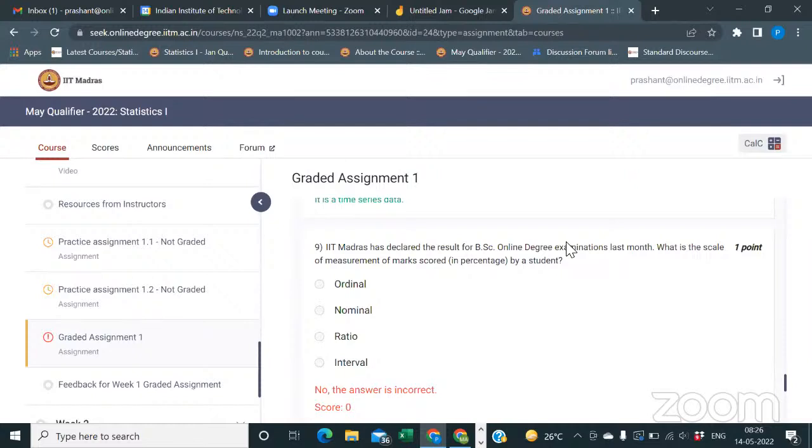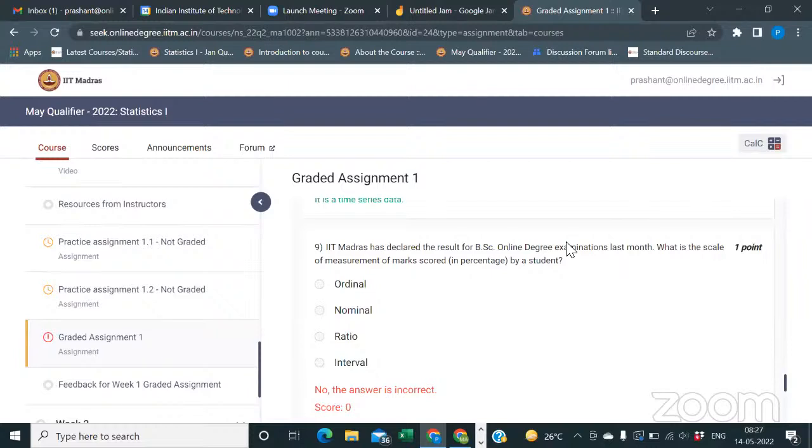If someone does not appear in the exam, you cannot say his marks are 0. He will be marked as absent. Marks 0 means you attempted the question paper and did not get any marks. In the mark sheet, it will be written NA, not attempted.